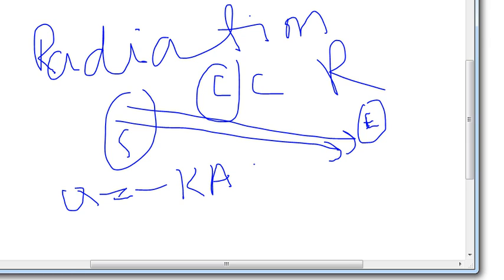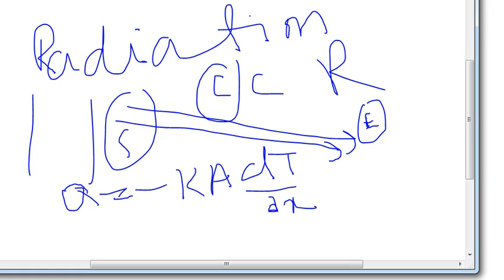Okay, now for the conduction process, by the help of Fourier's law, Q is equal to minus kA dT by dx. By the help of this equation, you can calculate how much heat is transferred from the system to the surrounding. That means if this is your system wall, and this is your temperature T1 and this is your T2, and this distance is dx.